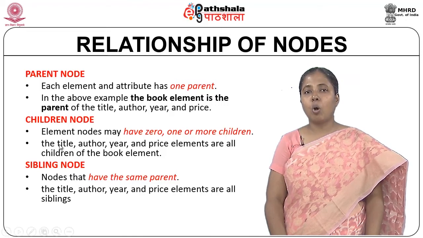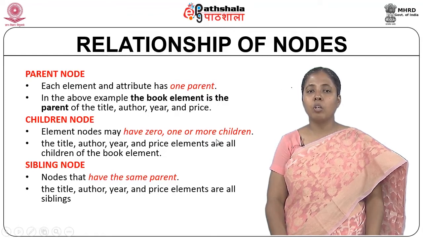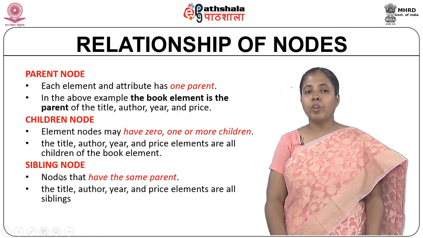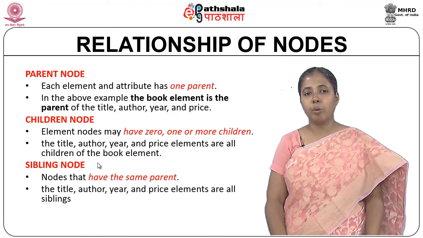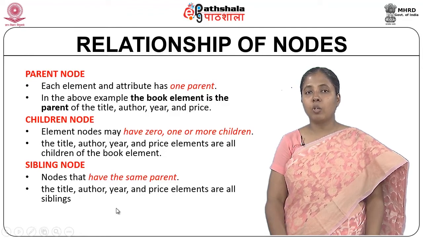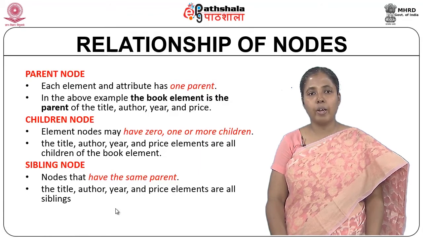Element nodes may have 0, 1 or more children. The title, author, year and price elements are all children of the book element. Sibling nodes are the nodes that have the same parent. So, title, author, year and price elements are all siblings to one another.